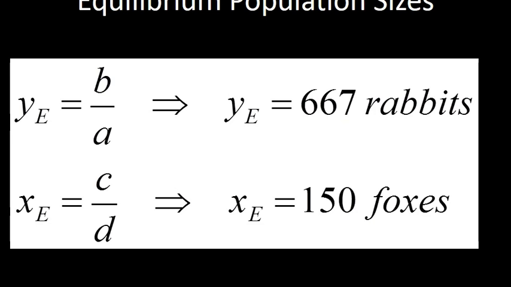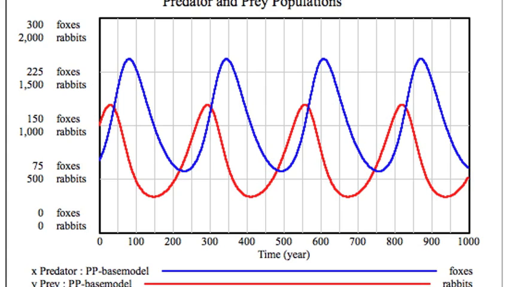Now I'm going to fast forward. I'm going to show you some Vensim results. We're going to come back and run the Vensim model specifically for this case, but I did want to show you how the outcome looks. It's interesting that when you plot the predator and prey populations in a plot like this, you're going to see that they both have oscillations.